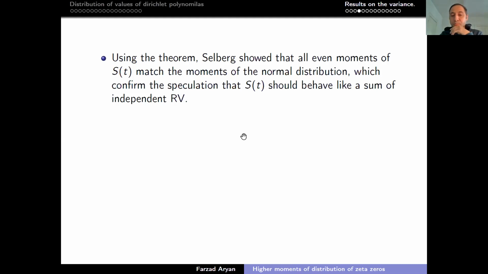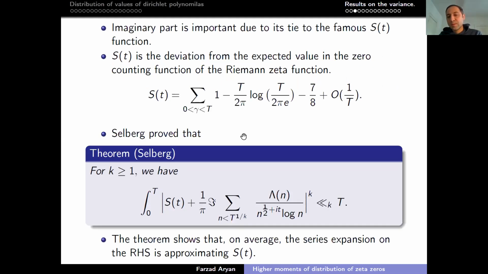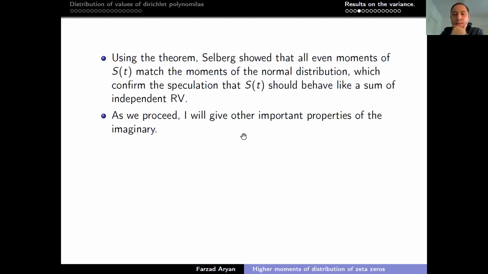Because if you want to calculate the k-th moment, your Dirichlet polynomial gets shorter and shorter, and it makes that approximation difficult, and you have to find a way around all that. And as we proceed, I'll give one more important property of the imaginary part.